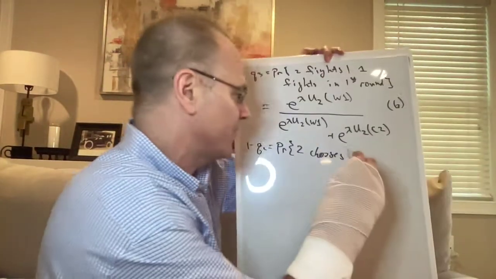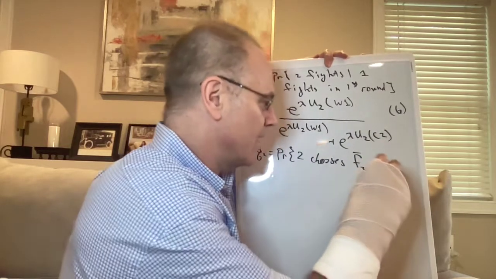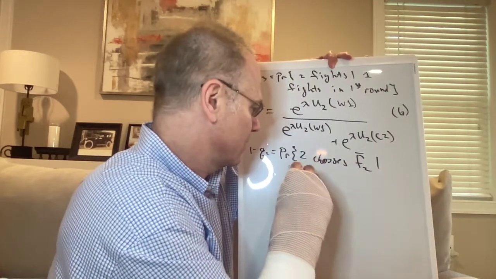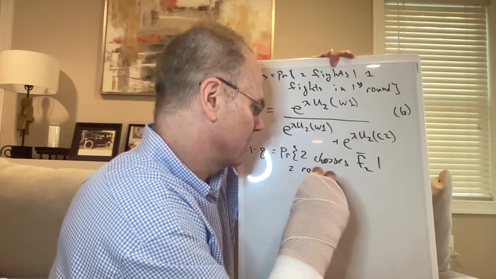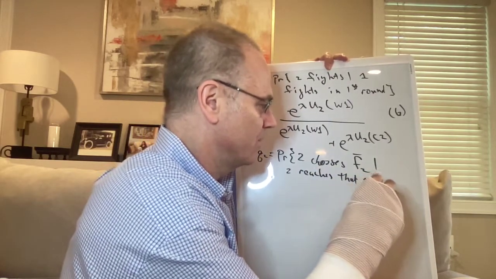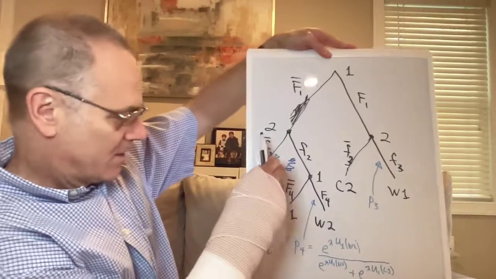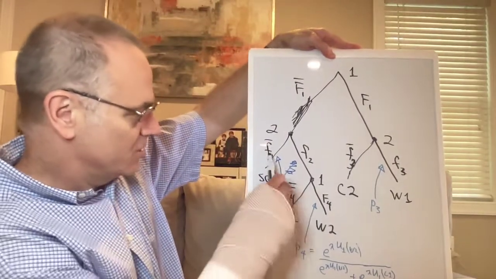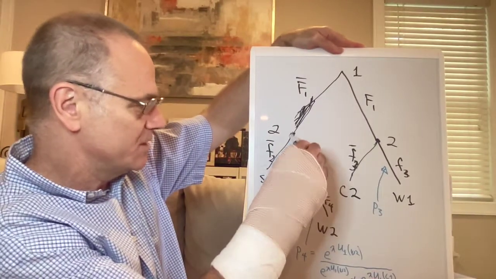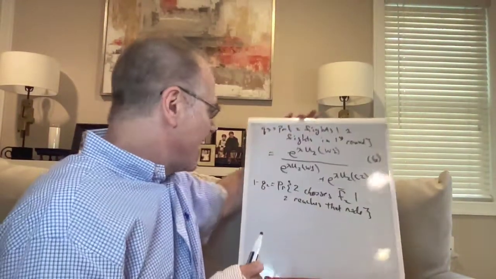A little f2, not, given 2 reaches that node. Okay, so here's what I'm saying, that F2, 1 minus Q2, is the probability that 2 chooses that branch given we get to that node.